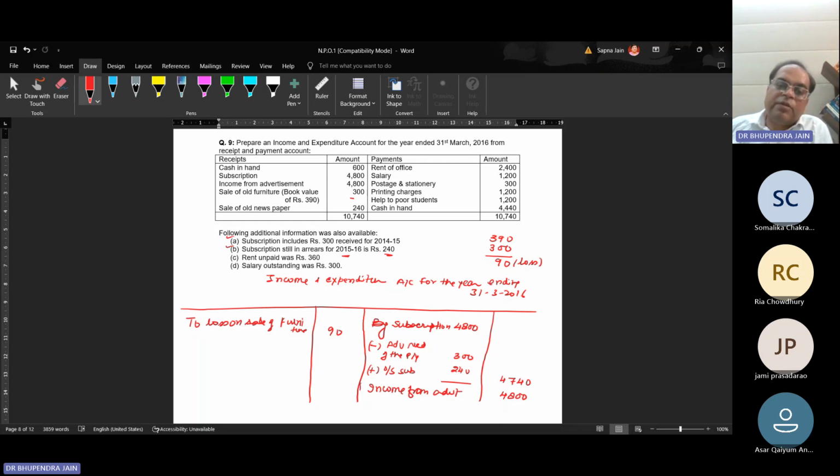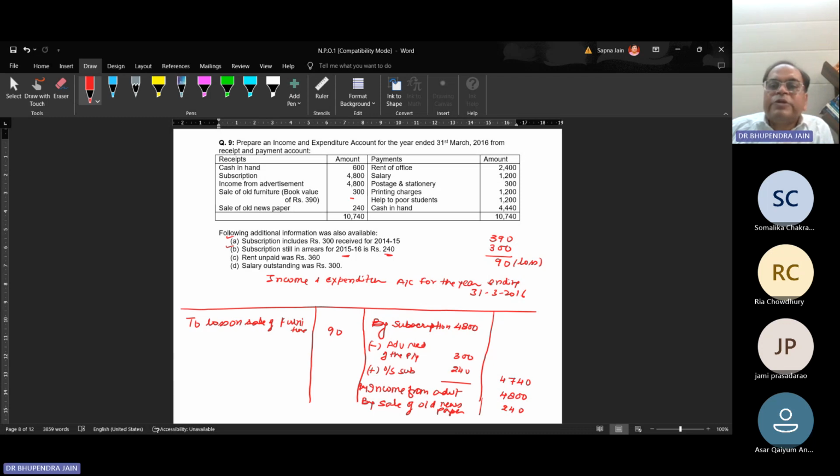Here we will have to put 'by'. Sale of old newspaper, how much? 240 rupees.